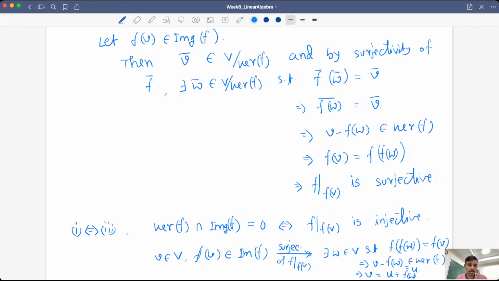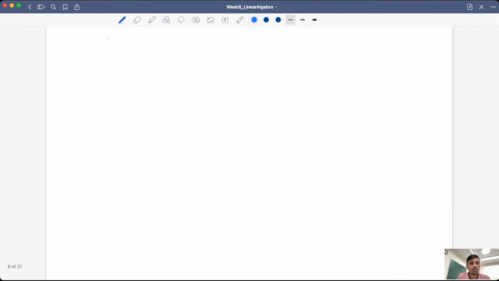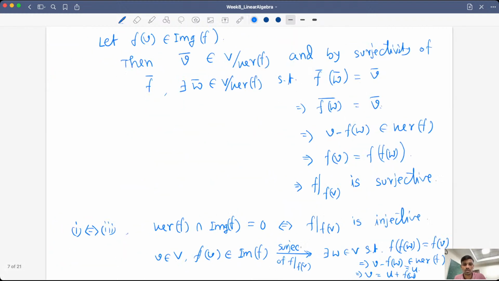For the converse part, again, if I assume that V is the direct sum of kernel F and image F, so if V equals kernel F plus image F, then I should be able to show that F restricted to FV is surjective, right?